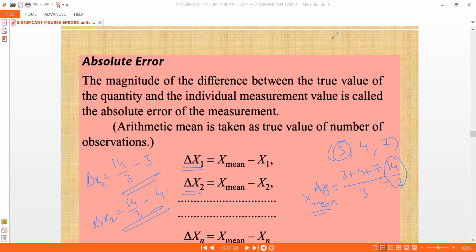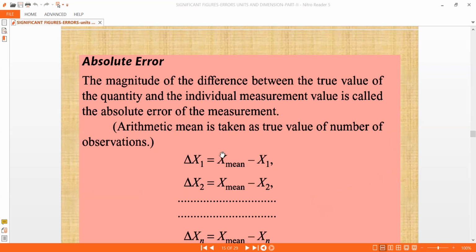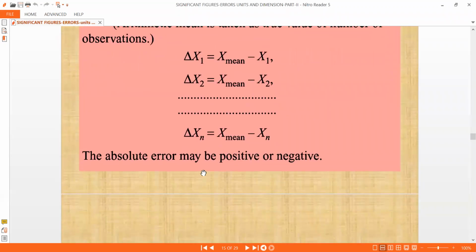Now let us move on further. The absolute error may be positive or negative. If you consider the last measurement, 14 by 3 minus 7, that is 14 minus 3 into 7, that is 21, divided by 3, which is less than 0.